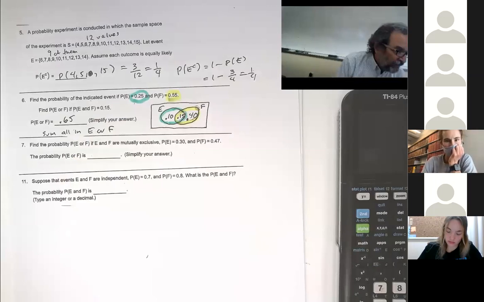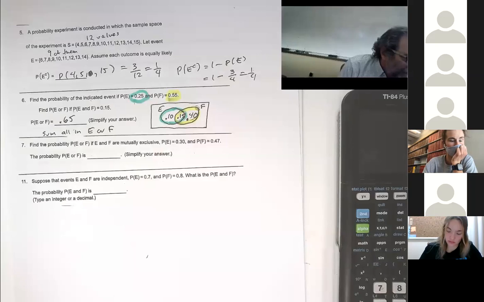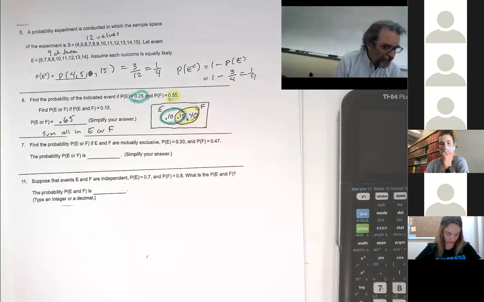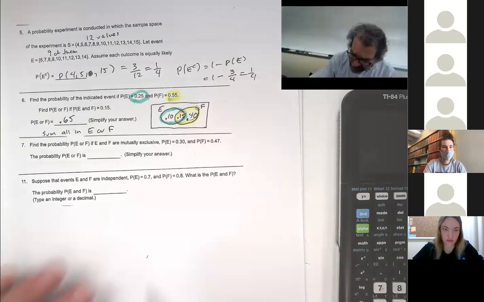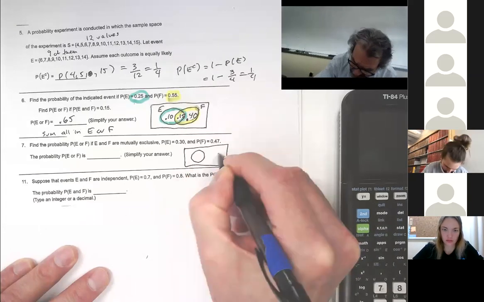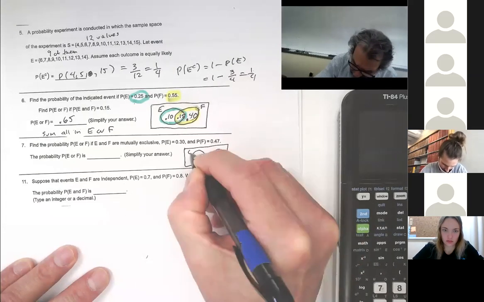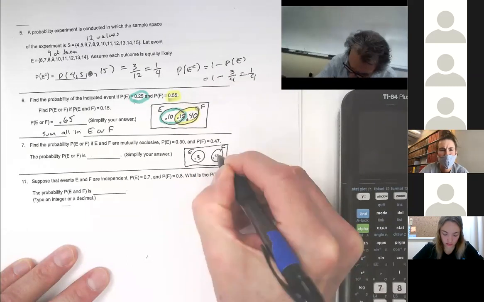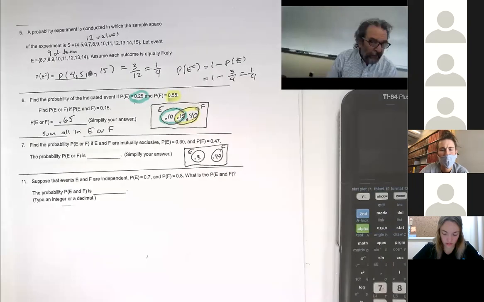I'm on to 7. Find the probability E or F if E and F are mutually exclusive. And E is 0.3 and F is 0.47. So I'll draw a picture of mutually exclusive. It says share no outcome. So it looks like this. So E or F is just E and F separately.